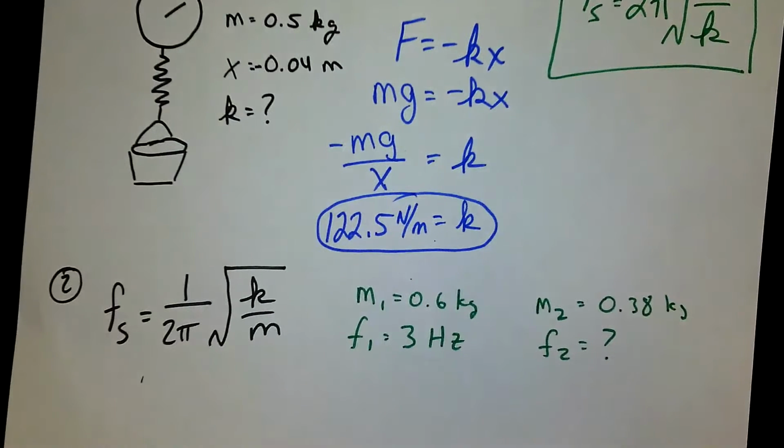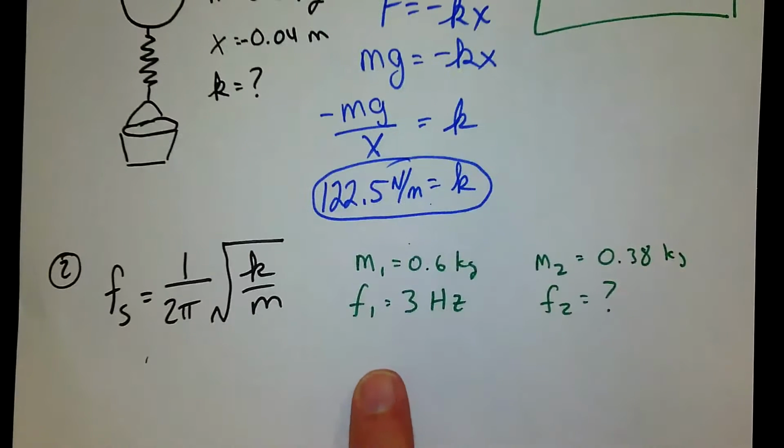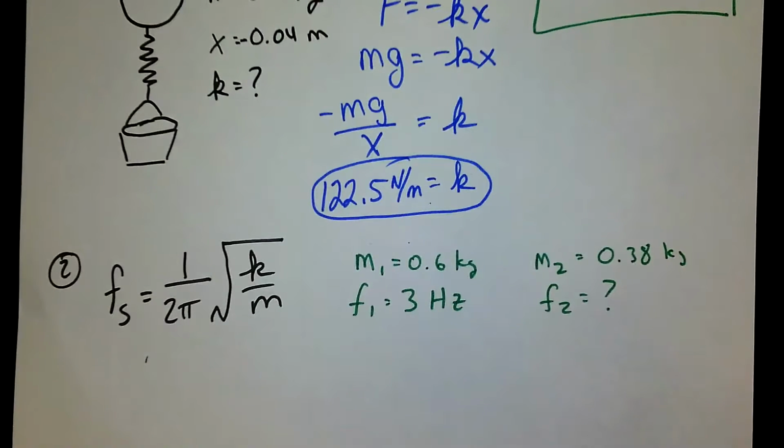The thing that's going to be the same for both of these is it's the same spring, so it's got the same spring constant. So if I can get K here, I can use that K over here.